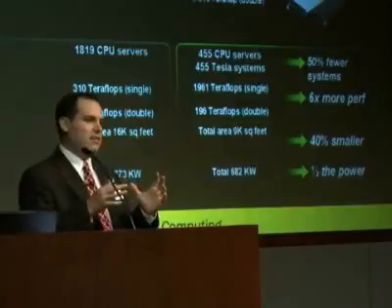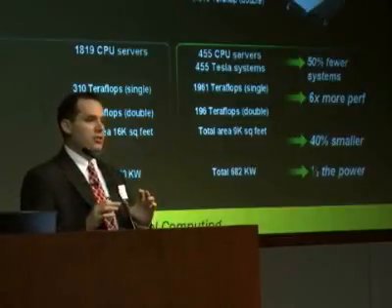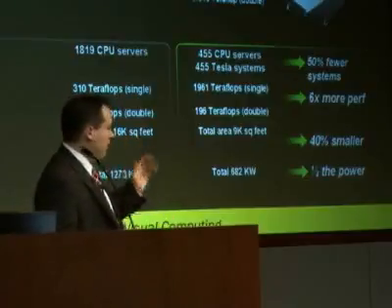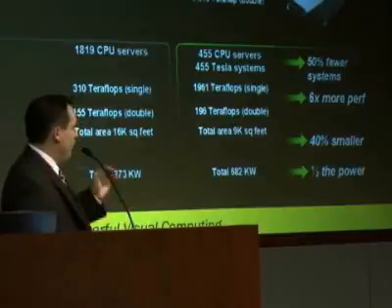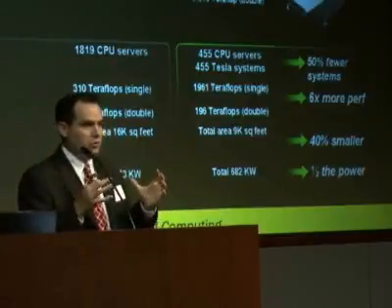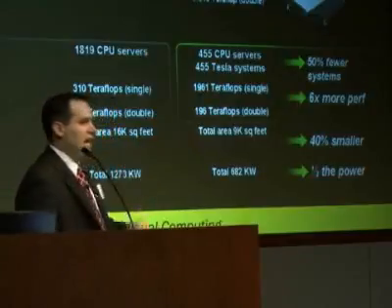If you enhance that with GPUs, still spending $5 million, in the end you get 50% fewer systems with 6 times more performance in a 40% smaller footprint, so the actual size of the place where you have to store this stuff is less, using half the power.